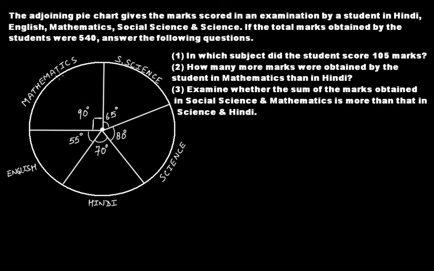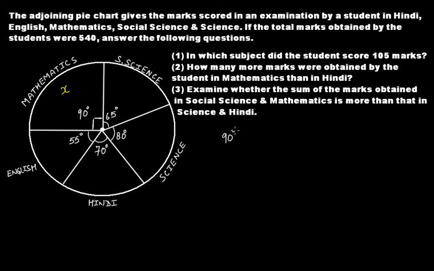Let's take this sector of mathematics. This is 90 degrees. And let's suppose that the marks this student has got in mathematics is X. In that theoretical discussion, we discussed that this whole is 360 degrees.